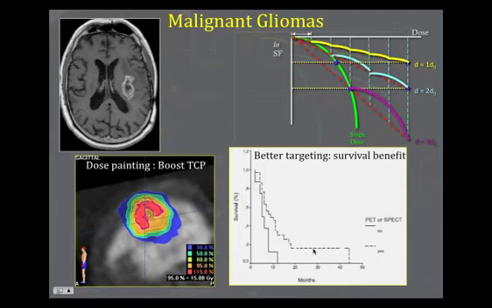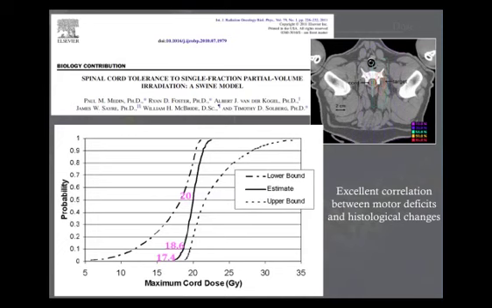So basically, we need to think how we can mark clonogenesis within the gliomas, because we do have the apparatus to deliver a high dose to that area, but we still don't see the area to be able to fully take advantage of the technology that we do have in hand.